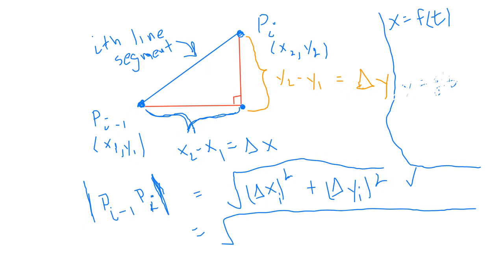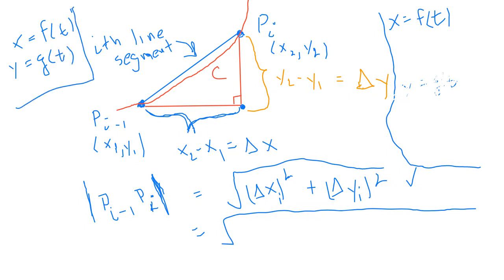So the curve traced out here has parametric equations. I haven't drawn a curve, but I could put in a curve here. Here's some curve C, and the curve C has parametric equations x equals f of t and y equals g of t.